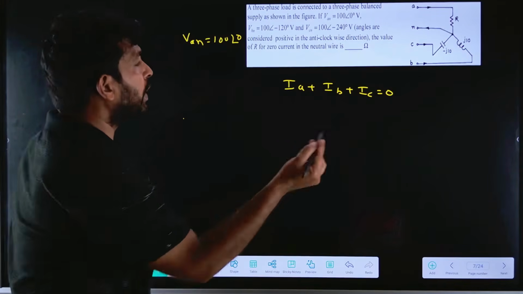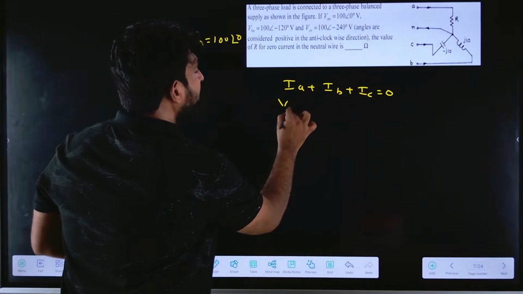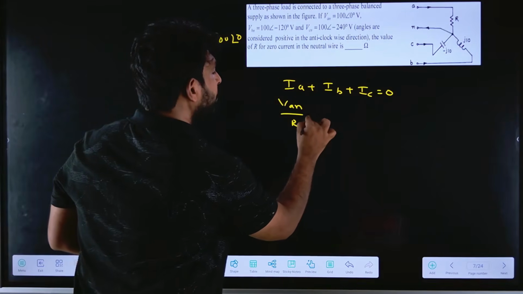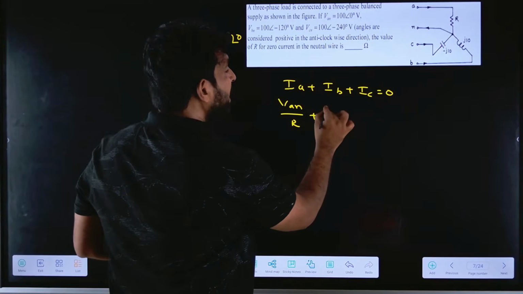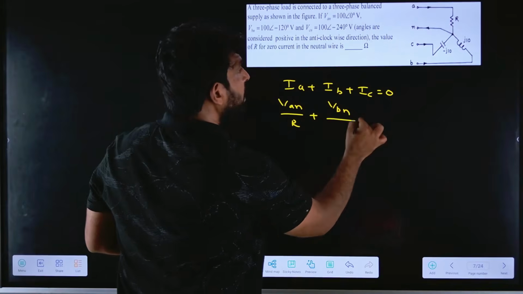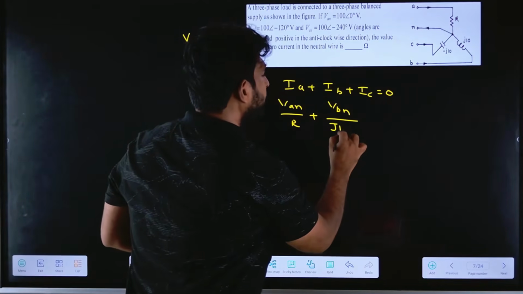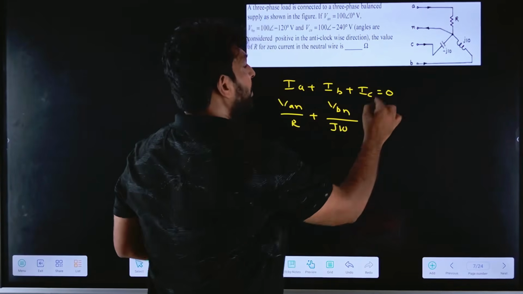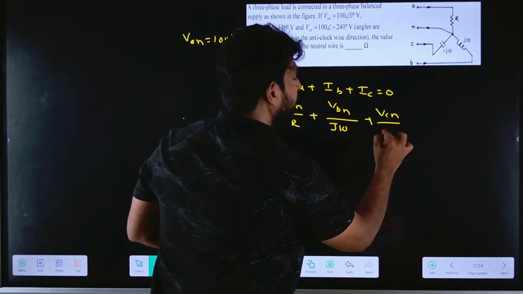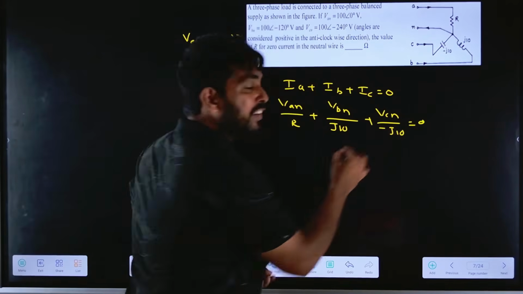So from this, it is VAN by R plus VBN divided by Z10 and VCN divided by minus Z10, which is equal to 0.